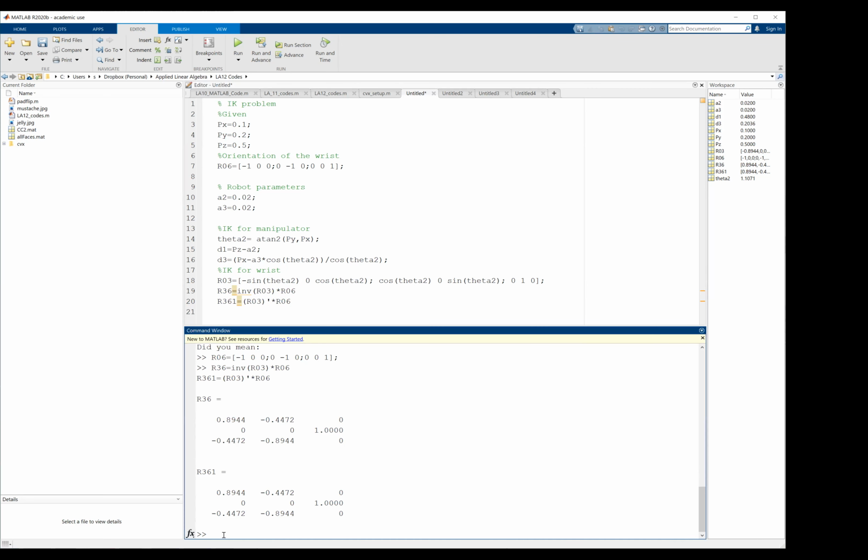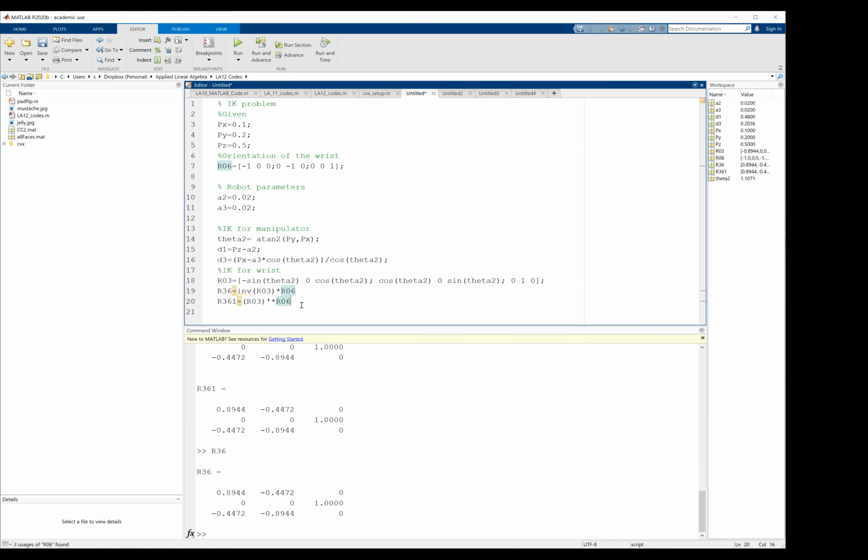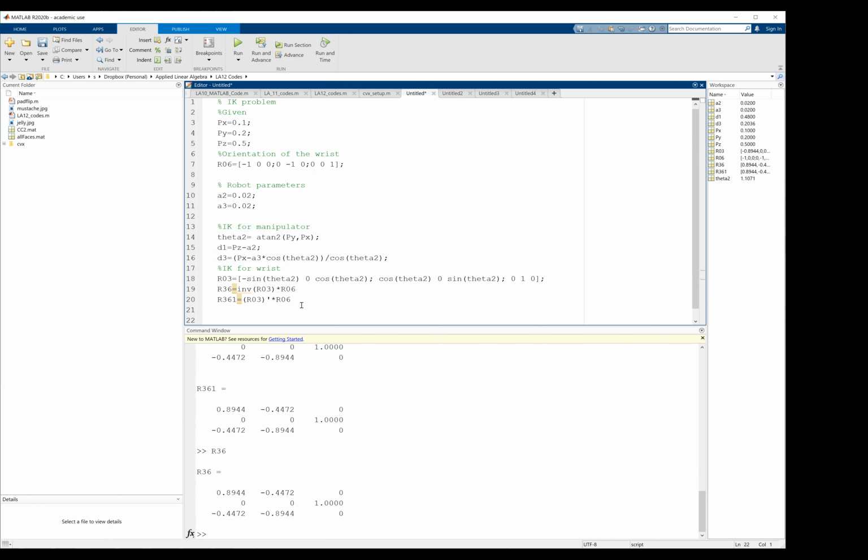At this point, I have R36. So what I'm going to do is find out theta 5.